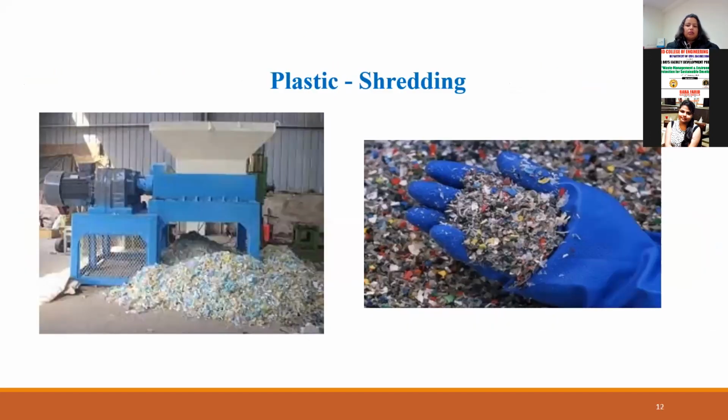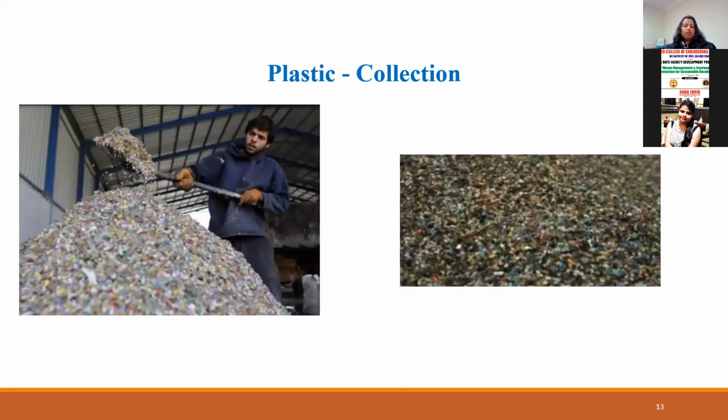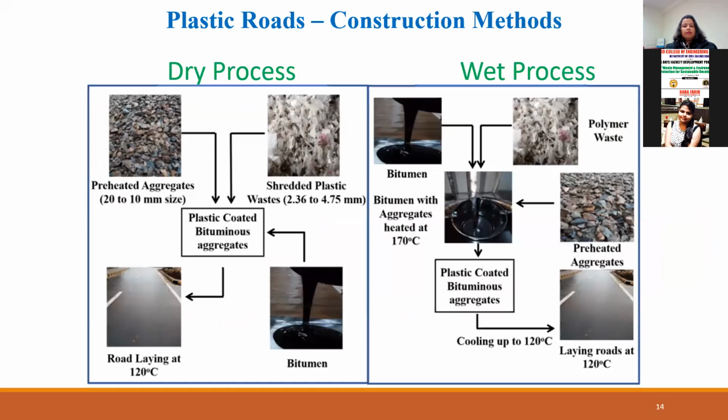And so this is how you first do the sieve analysis, and the final collection of this particular size and dimension based plastic is done in storage. Then there are two processes, dry and wet. In the majority of countries, and as far as the research evolution is concerned, the dry process takes up a market share of around 95 to 98%.